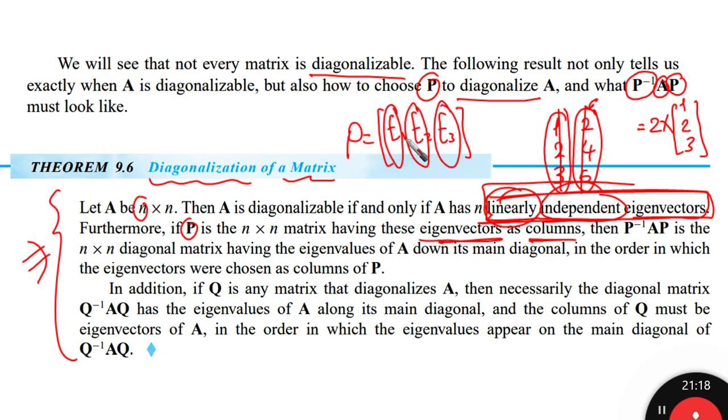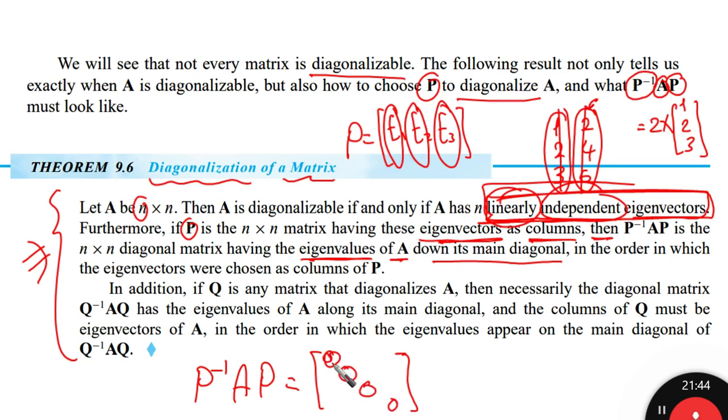If P is an n by n matrix having these eigenvectors as columns, then P minus 1 A P is the n by n diagonal matrix having the eigenvalues of A down its main diagonal. So P minus 1 A P gives us a matrix whose elements are like A11, A22, A33. These are the eigenvalues of A down its main diagonal, in the order in which the eigenvectors are chosen as columns of P.